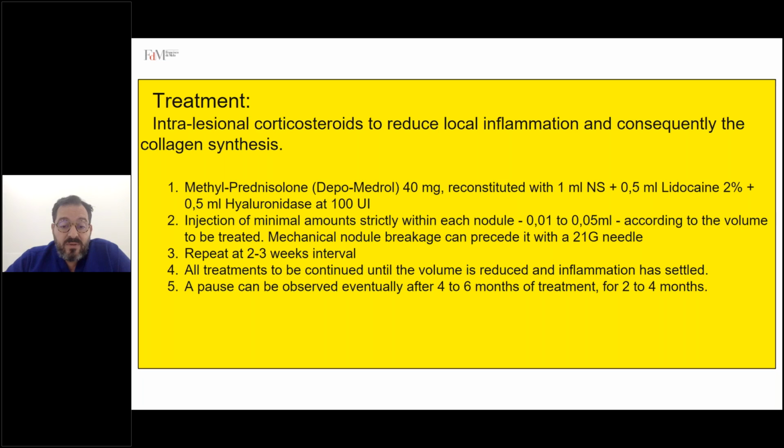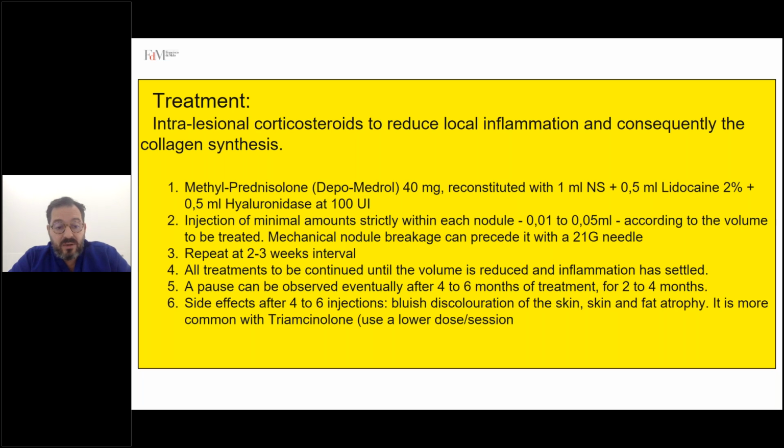The thing is, for nodules, and I agree with Dr. Shangley, the mechanical breakage of the nodule is important. And this is one reason why I mix with hyaluronidase also. It facilitates the penetration of the product, but it's not to melt anything else. It just facilitates the way I go.